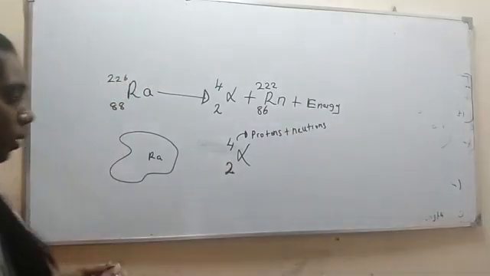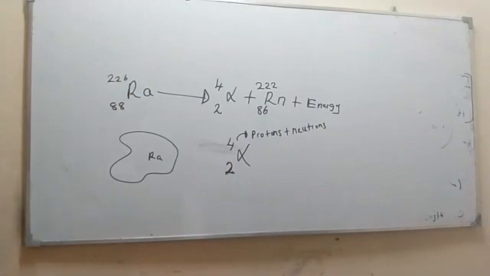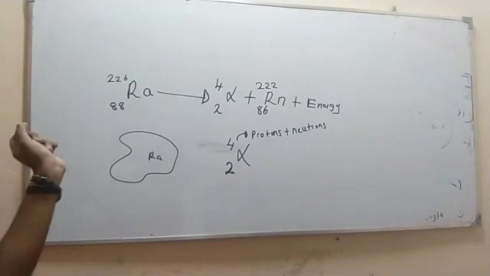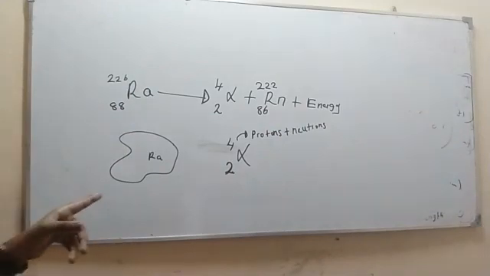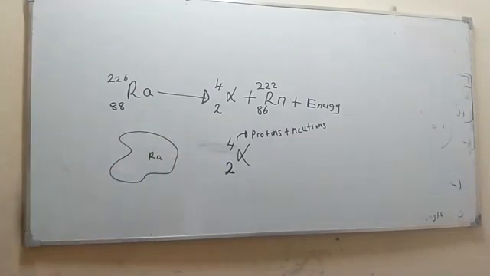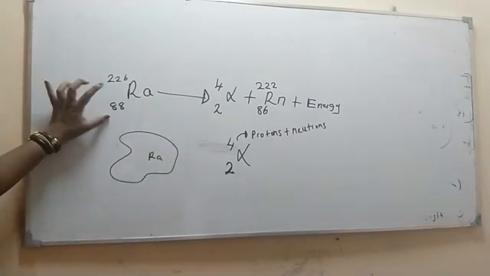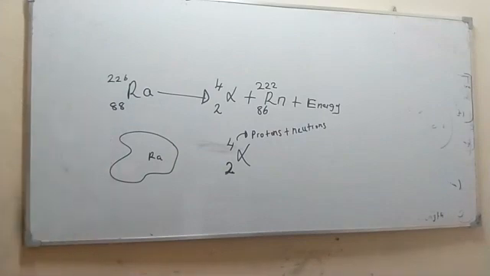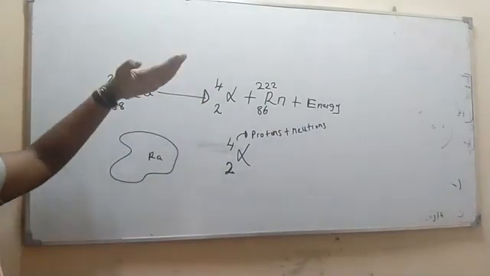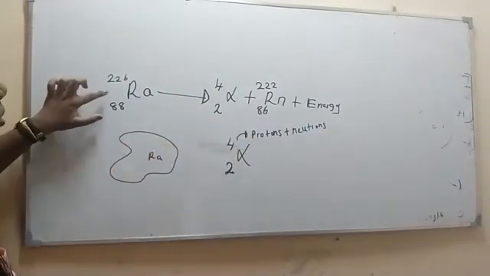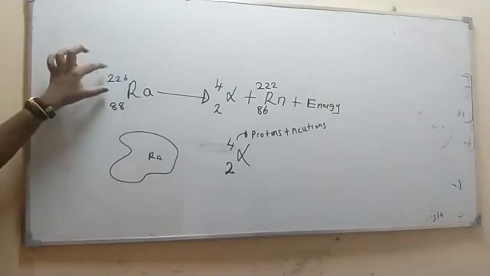So when an alpha particle goes out from the unstable radium nucleus, its proton number decreases by 2. Initially the radium element has 88 protons. One alpha is released, so 2 protons get deducted, and now there are 86 protons.